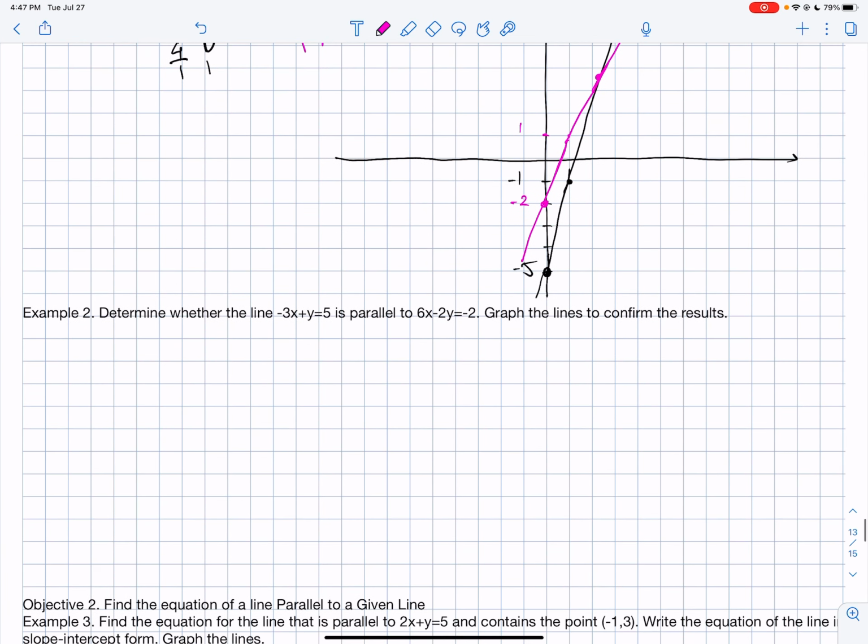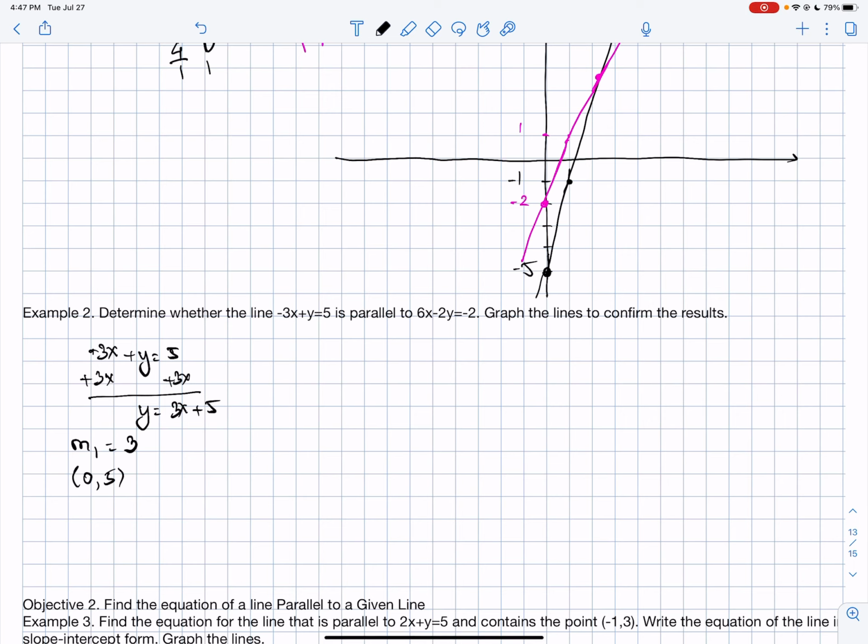Number 2, we have the same question and they give us different equations. I want to determine the slope for the first one, so I have to solve for y first. The slope of the first line is 3 and the y-intercept is (0,5).